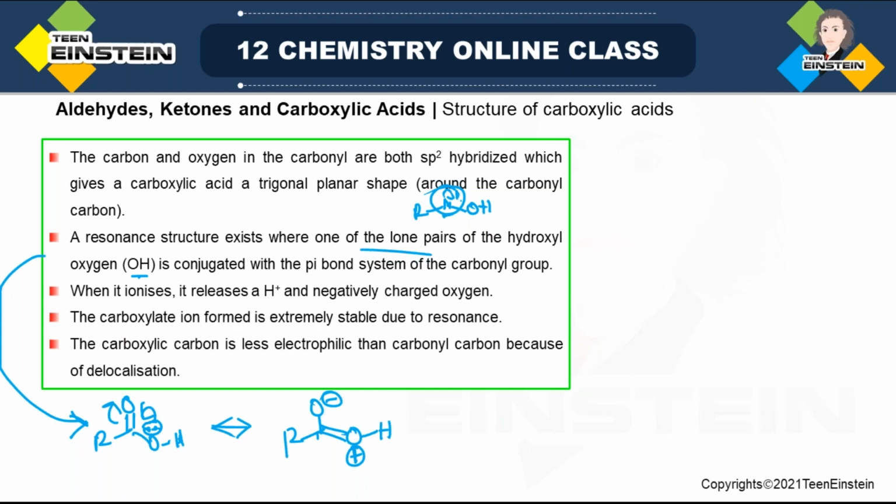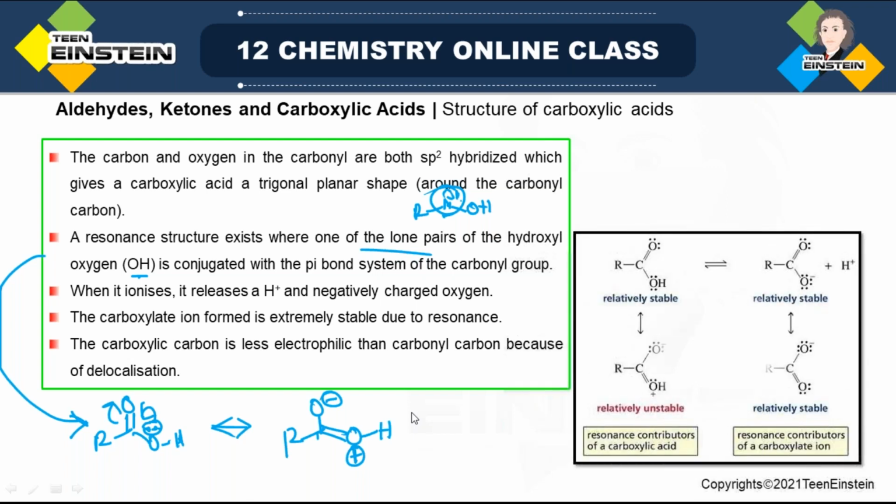When it ionizes, that is RCO2H, as it is an acid, it can ionize to H plus and RCO2 minus, with a negatively charged oxygen, and this RCO2 minus is known as the carboxylate ion. So see, this is the normal form, that is RCOOH.